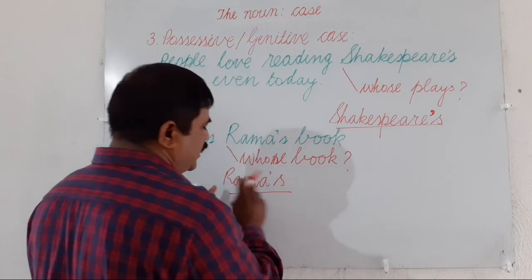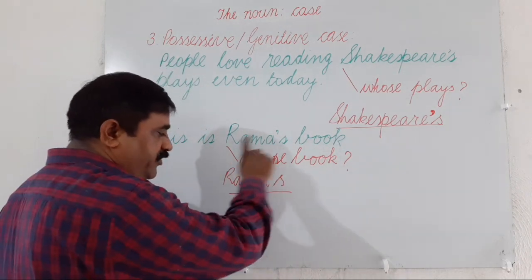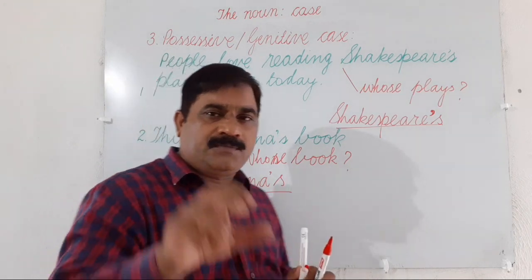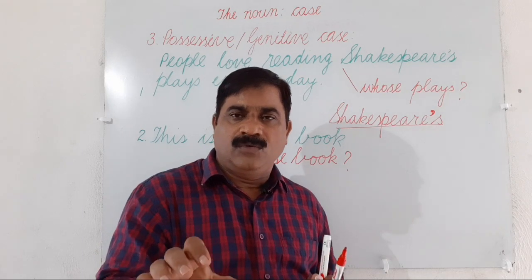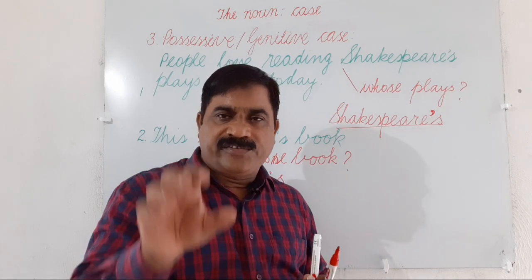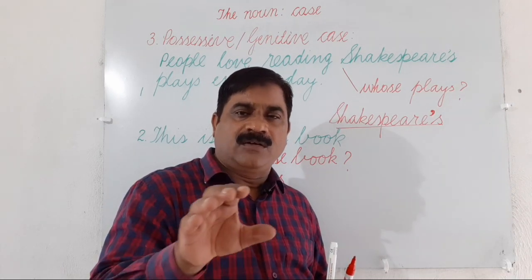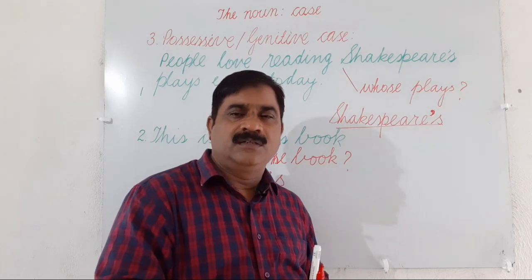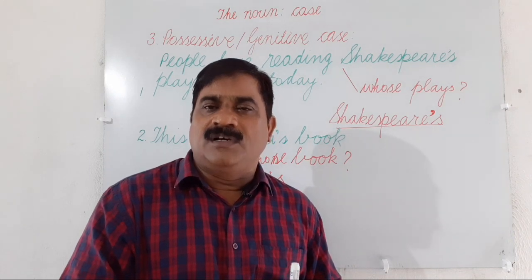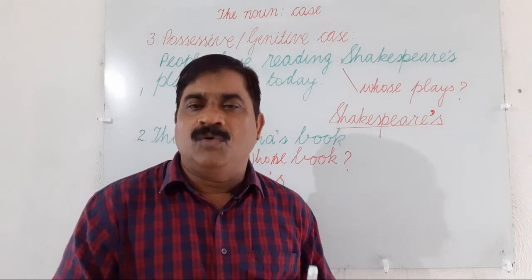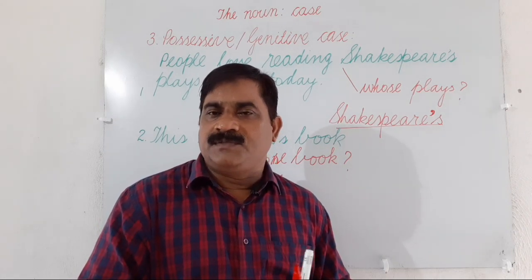See the structure, noun, Rama, apostrophe and S. This shows a kind of possession, what we call ownership, isn't it? So the noun that shows a kind of authorship, possession or ownership or origin is said to be in a possessive or genitive case.